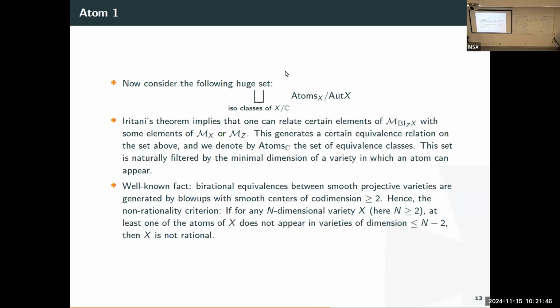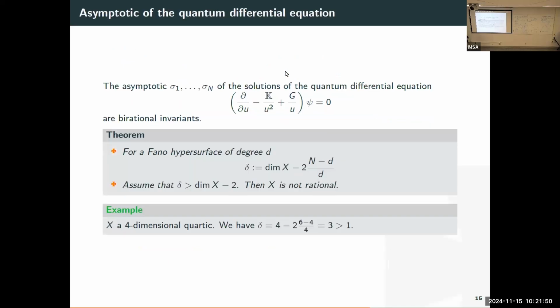All right, so now we go a little bit further and answer the questions that were posed by Nero and by Andras.